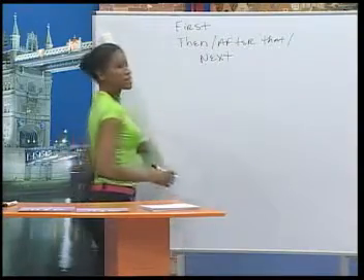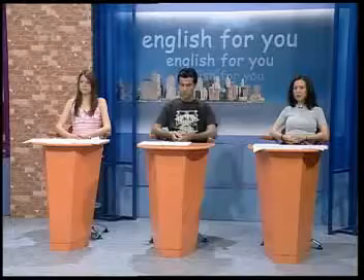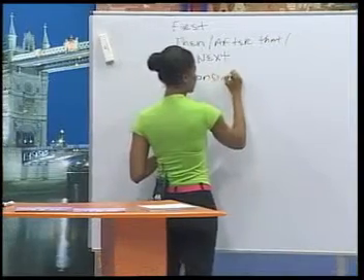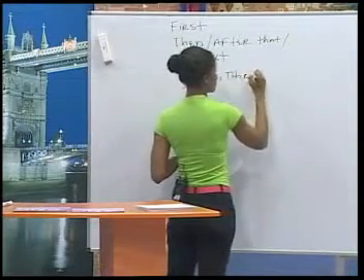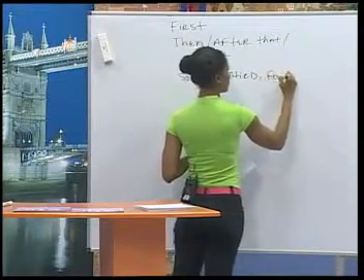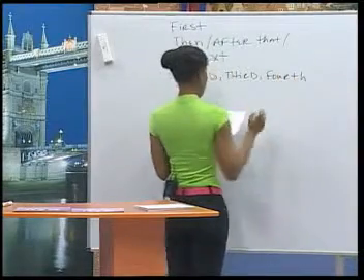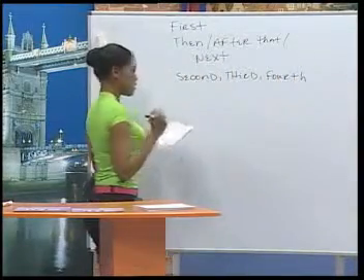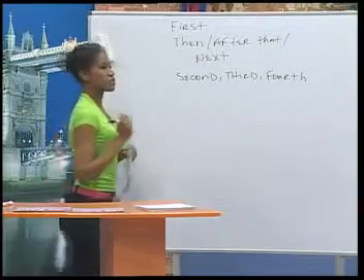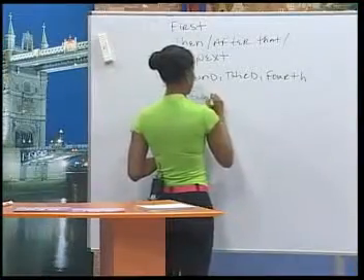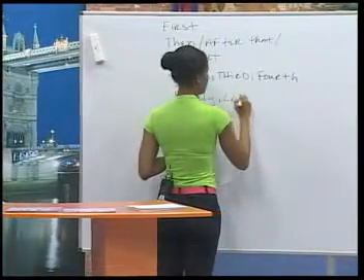Excellent. What other words can we use, Linda? We can use ordinal numbers like second, third, or fourth. Okay. Good. And Sylvia, what do we use for the last instruction? We use the word finally or lastly. Okay. Good.